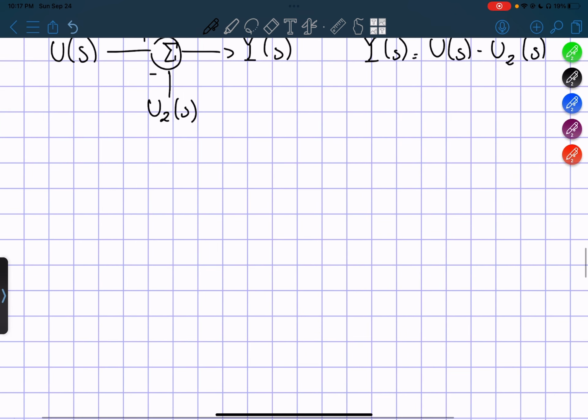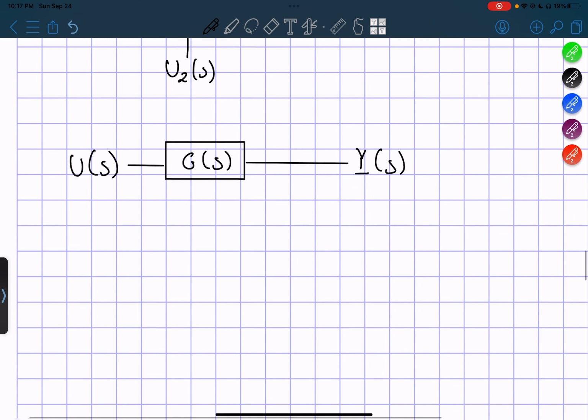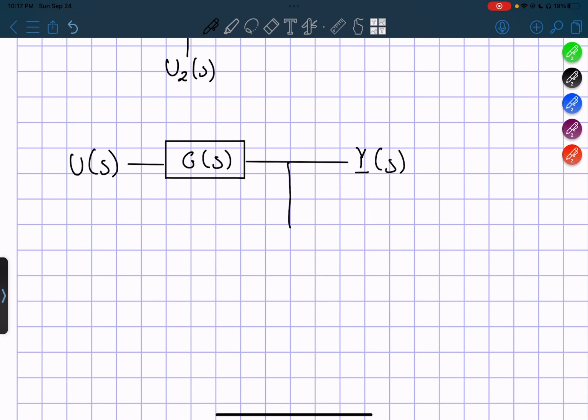Now it's a very simple example, but by putting these two together, so by putting the multiplication and addition together, we can say, for example, that we have an input u of s that goes into our block diagram. So we have g of s here, and we have our output over here, y of s. Before we get the output, we actually get something out, and that goes as a feedback inside our system. So I'm going to move things around a little bit.